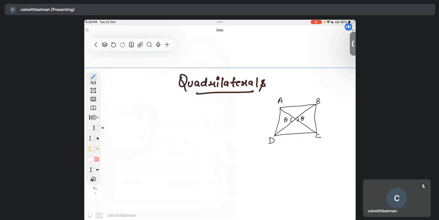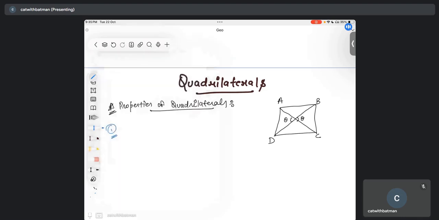What we are going to discuss are the properties of quadrilaterals.